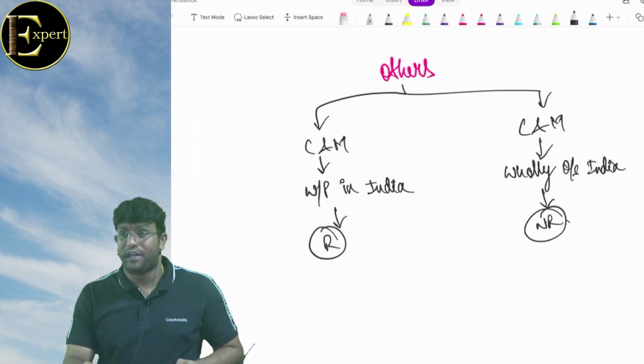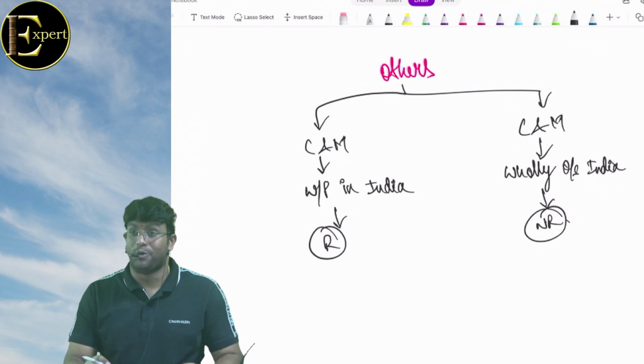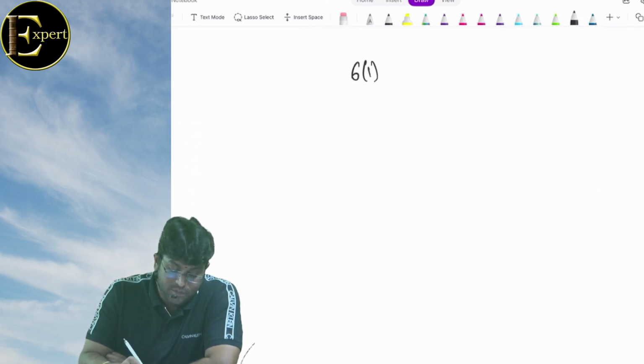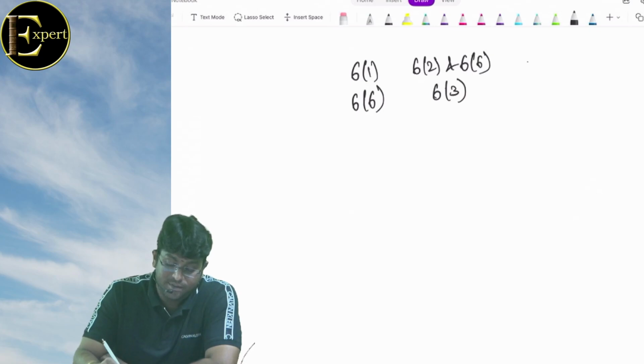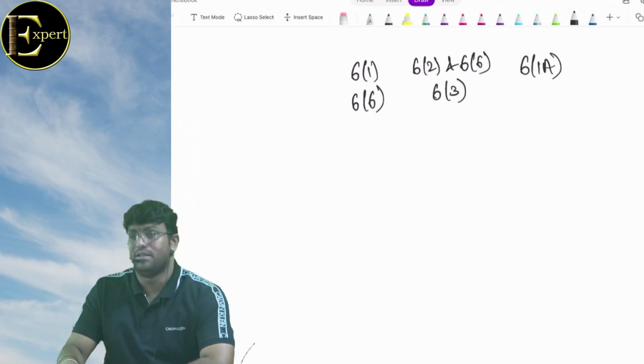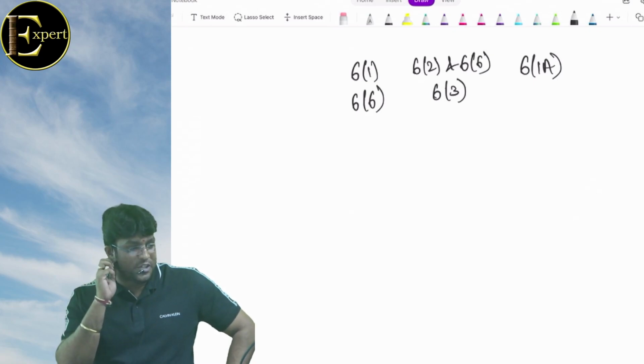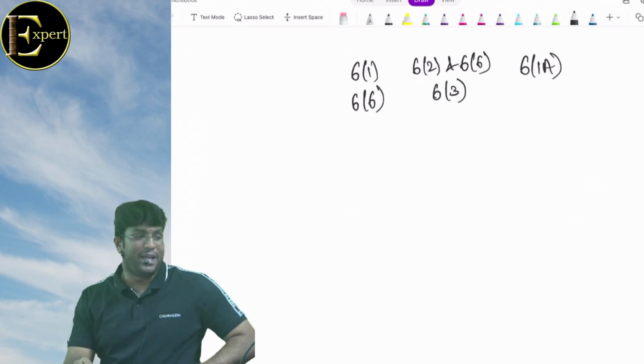So are we clear so far? So what is section 6.1, 6.2, 6.3, 6.1A. 6.1A is deemed resident. How many conditions are there in deemed resident? What are the three conditions? First one, he must be an Indian citizen.